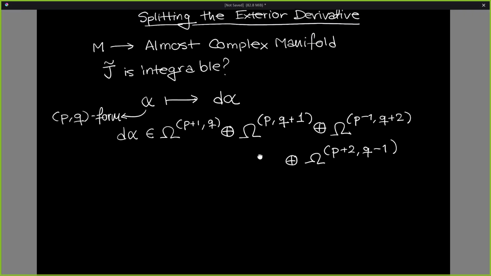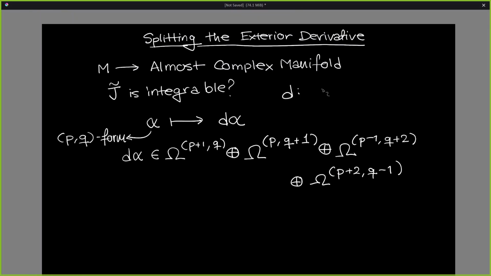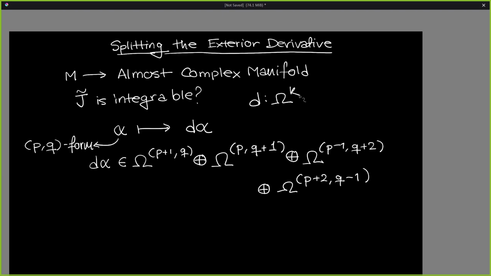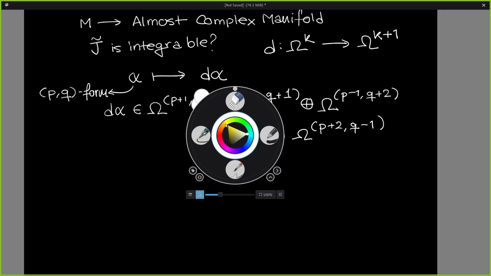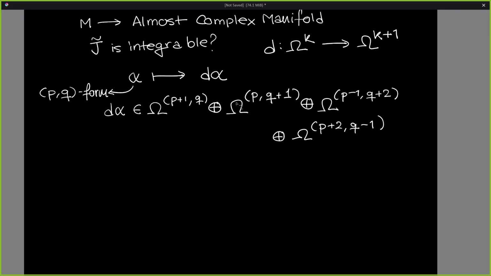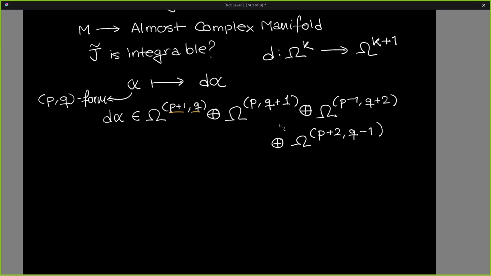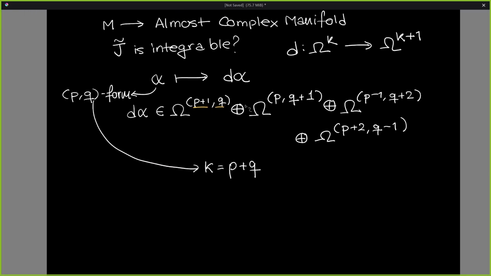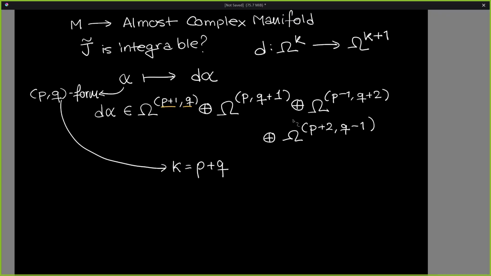So notice that d has to send omega k to omega k plus 1. It increases the degree of the form by 1. So notice that with all of these, the degree k is equal to p plus q for a pq form. So we have to overall add 1.